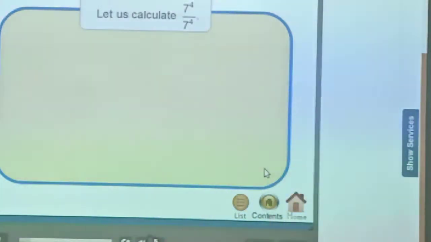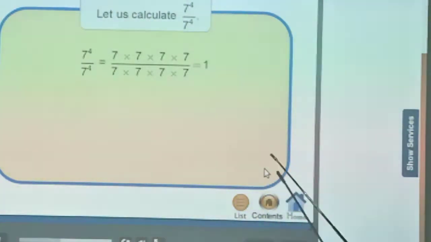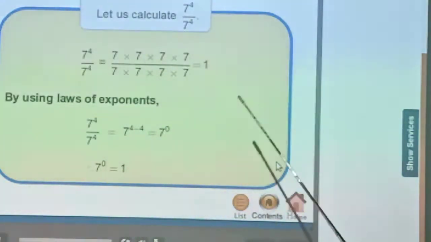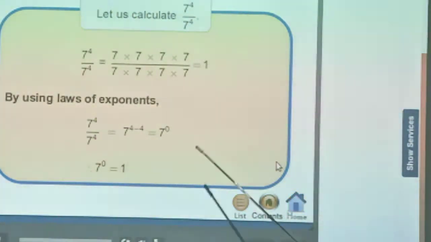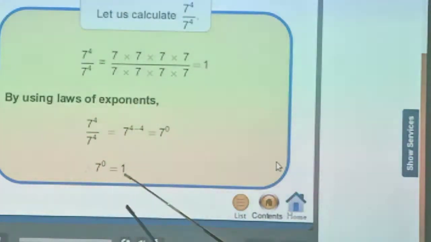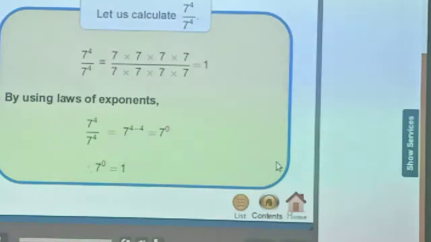One more example. Here also we will have 7 raised to the power 4 minus 4, which is 0, and its value is also 1. By cancellation also we can get 1 here. But for a very large exponent, we have to use the law of exponents. So this one is the application of the law and this upper part is the explanation with cancellation.